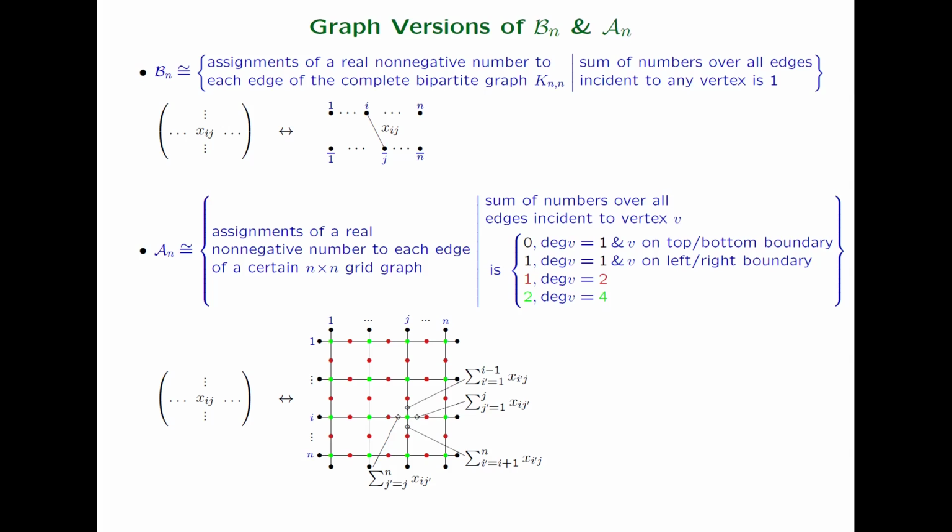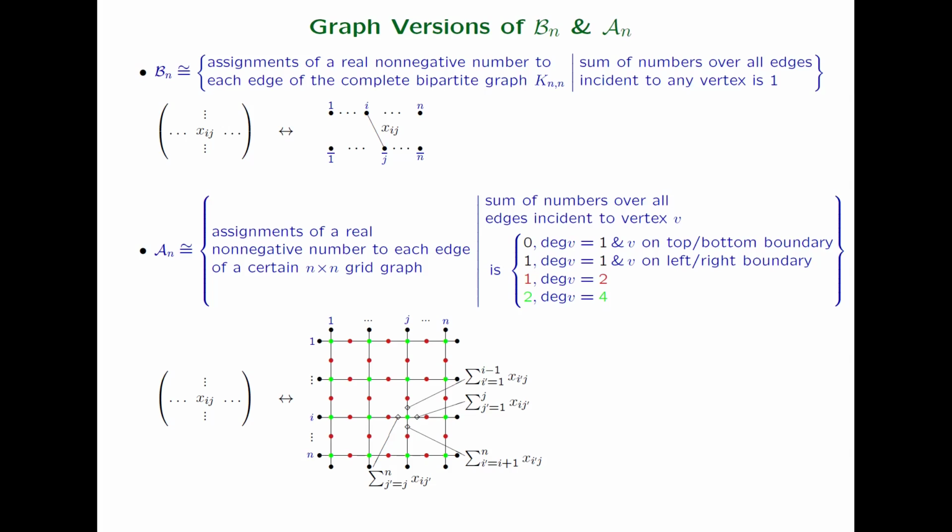So here I've got degree 1 vertices on the boundaries. I've got degree 4 vertices at the intersections of these two n lines, so those are in green. But I've also got degree 2 vertices in between each pair of degree 4 vertices.